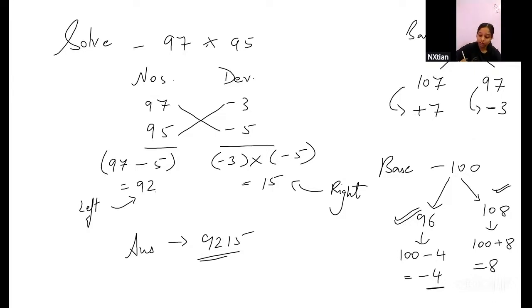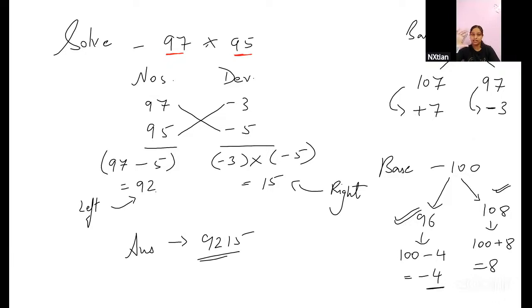Now, once again, we'll go over it. When you have numbers close to a base, two situations might be there. One is when you have a number that is some digits more than the base. But sometimes you have a number which is lesser than the base. Then you subtract the number from the base.